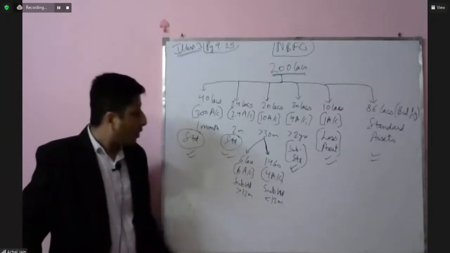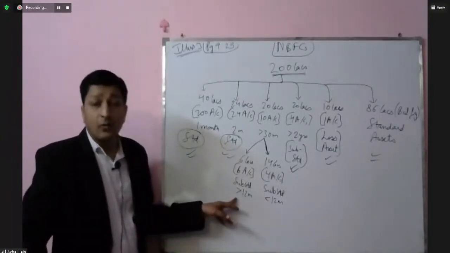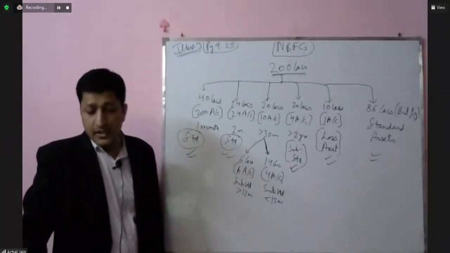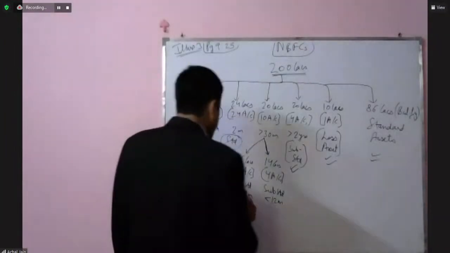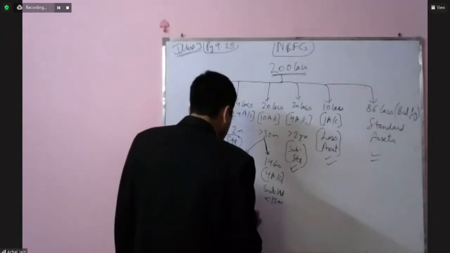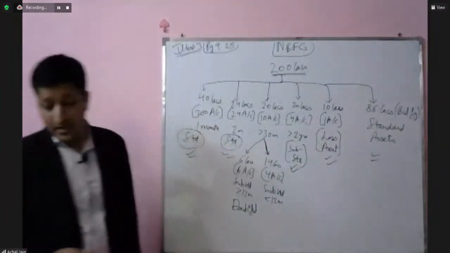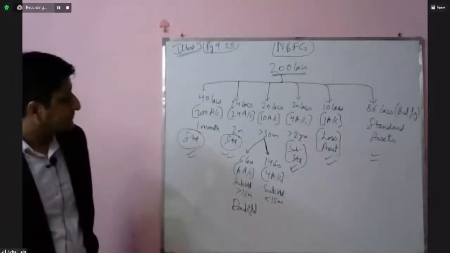Now, because these remained substandard for more than 12 months, therefore they will become doubtful. So this will be the doubtful category.